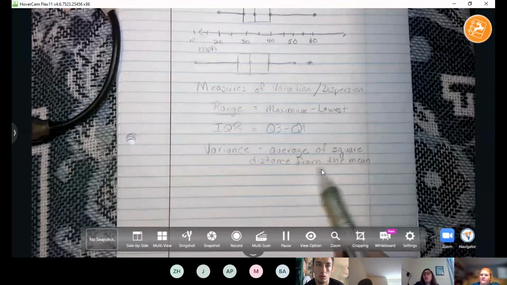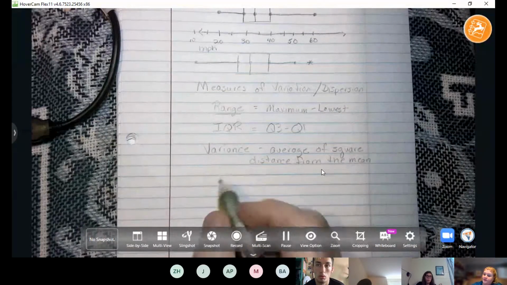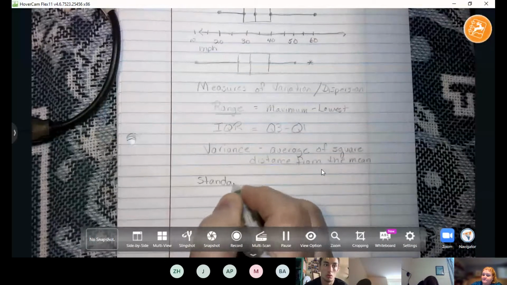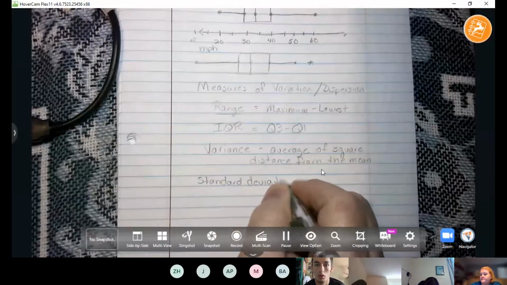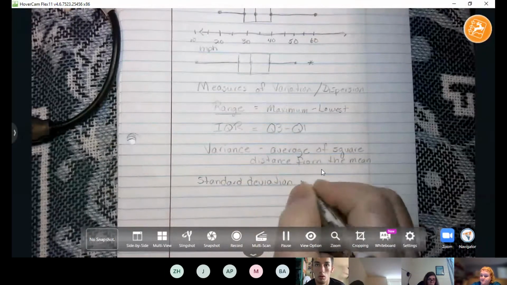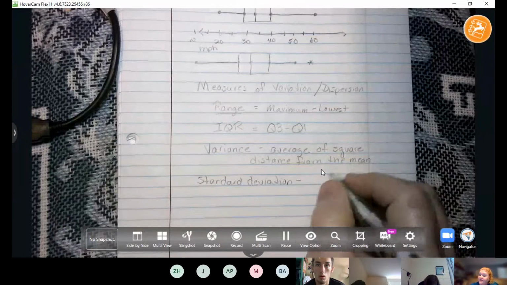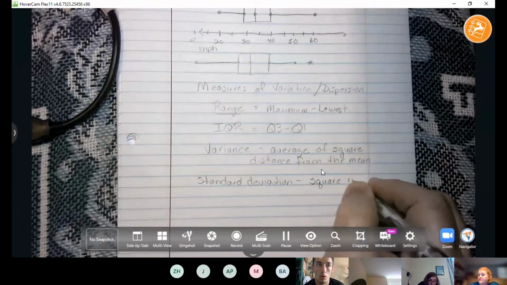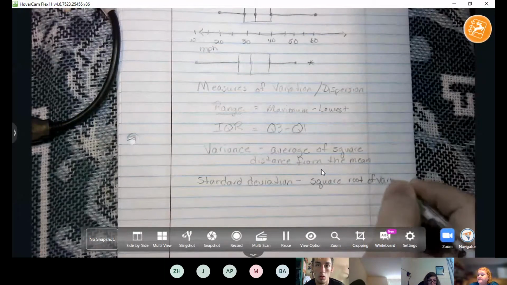Variance is actually a measurement that is used to help us find the one that's most important, which is called the standard deviation. The standard deviation is the square root of the variance.